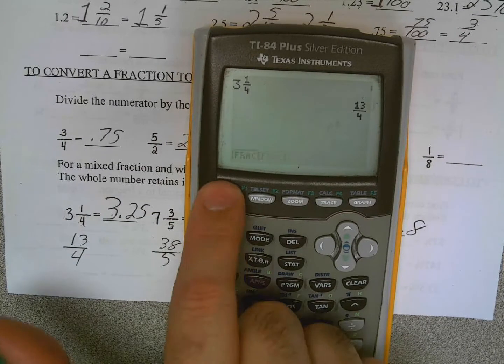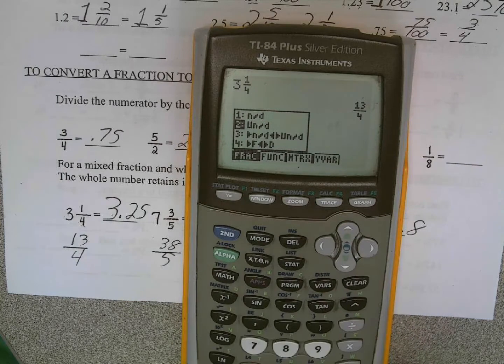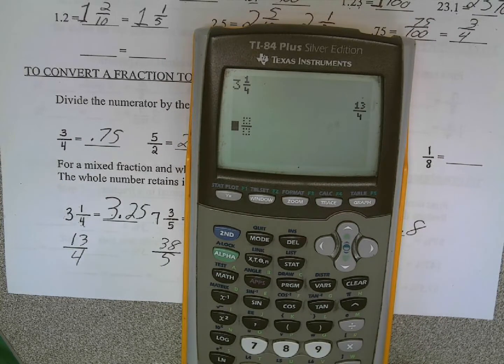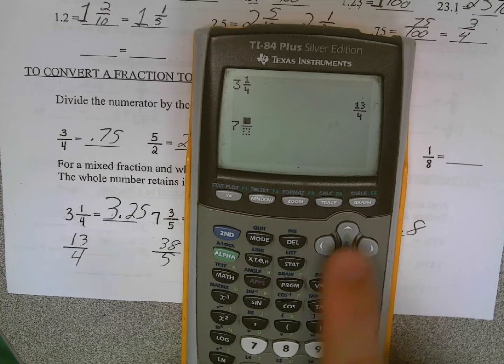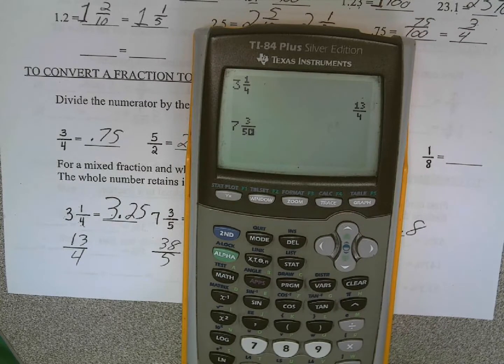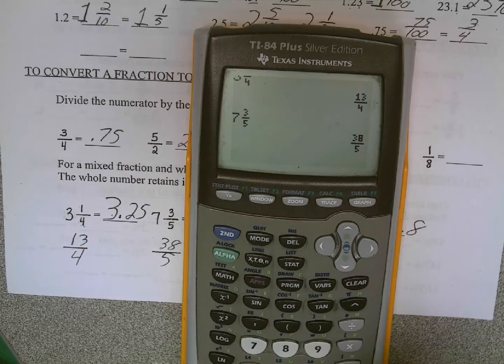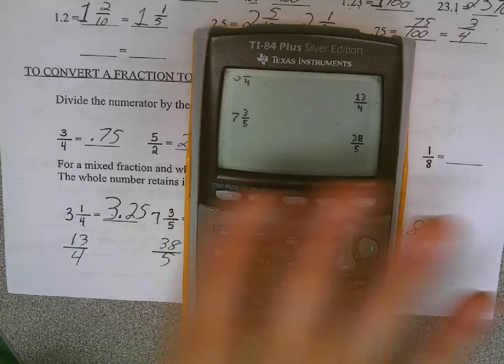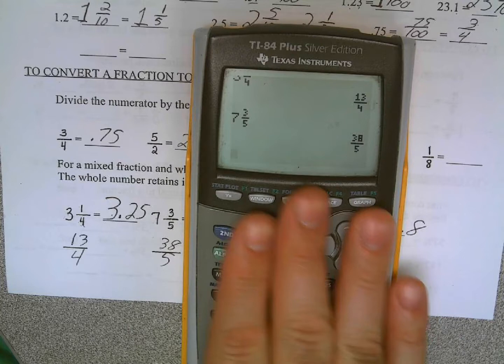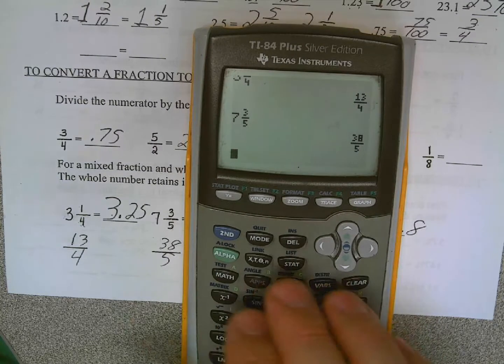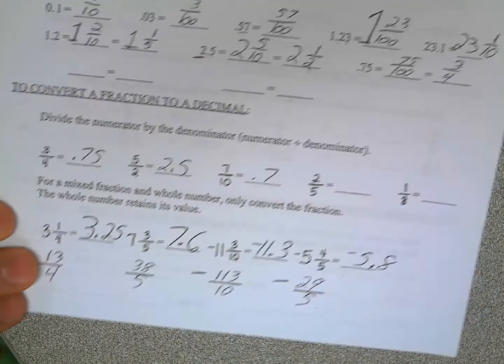Alpha y equals, go down to our mixed number 2, the mixed fraction, and we got 7 and 3/5. Ooh, 38 over 5. So there you go. There's your alpha y equals as well, okay? If you need some help with the calculator, if you forget at any time, you're going to call me or Mr. Cosiero over, okay?